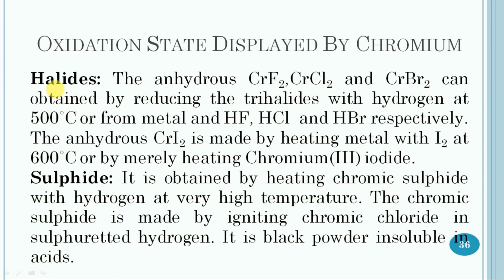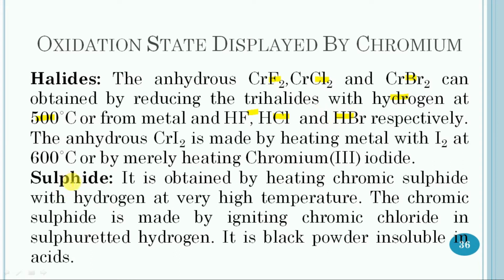Next is the halide of chromium in oxidation state 2. The anhydrous chromium dichloride and chromium dibromide can be obtained by reducing the trihalide with hydrogen at 500 degrees Celsius, or from metal and hydrogen fluoride, hydrogen chloride and hydrogen bromide respectively.